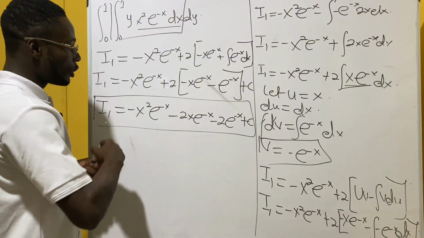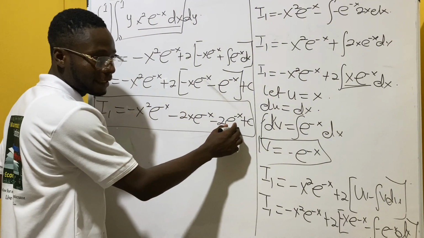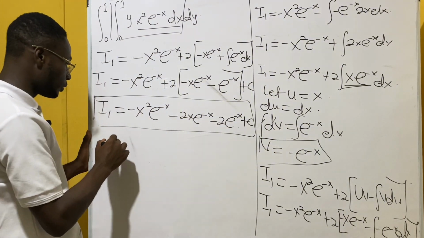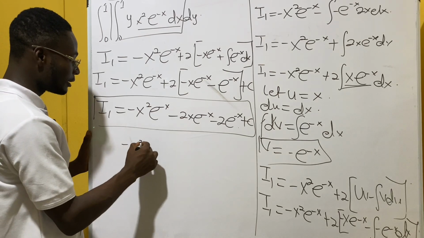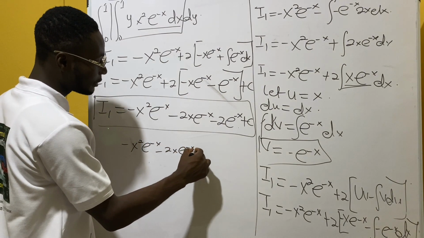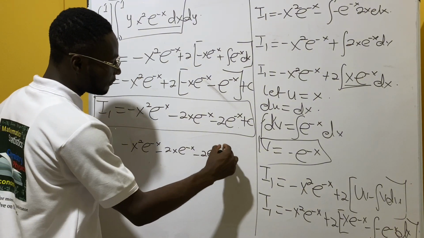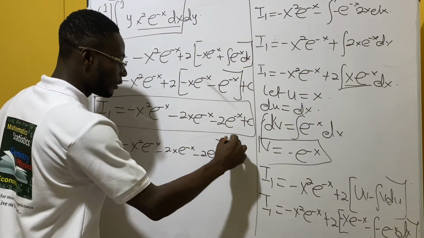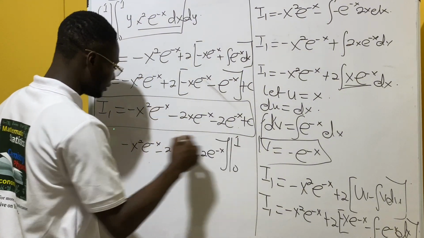Now we apply the limits. We have negative x squared e power negative x minus 2x e power negative x minus 2 e power negative x on the limit 0 to 1.